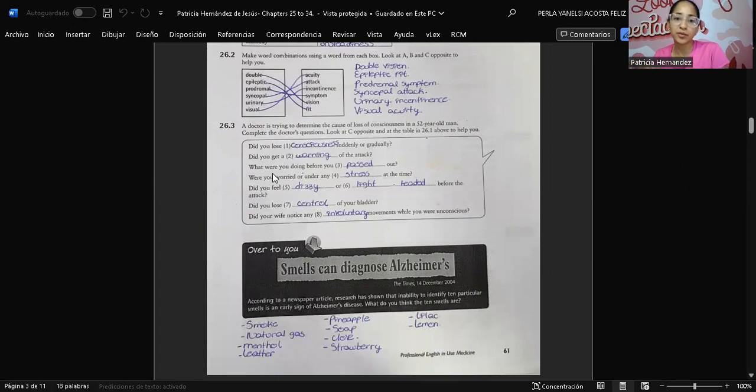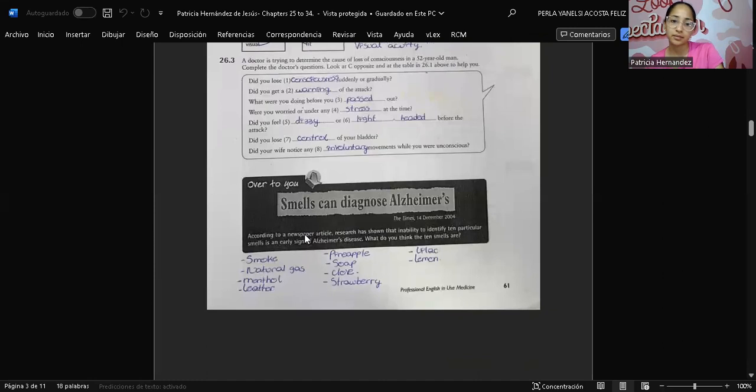What were you doing before you passed out? Were you worried or under any stress at the time? Did you feel dizzy or lightheaded before the attack? Did you lose control of your bladder? Did your wife notice any involuntary movement while you were unconscious?